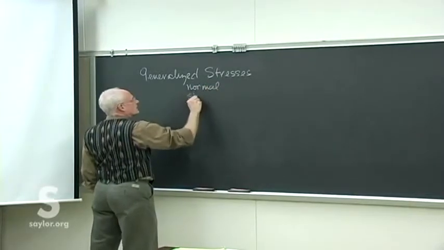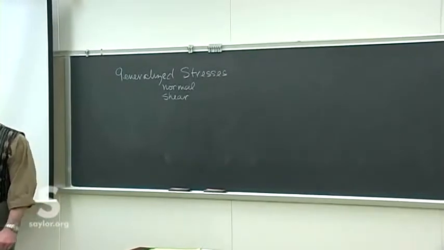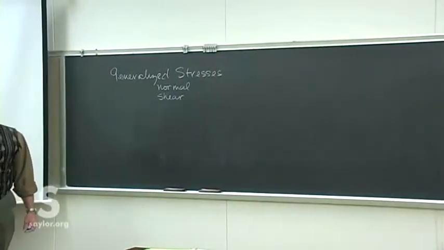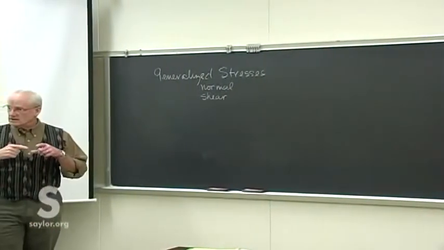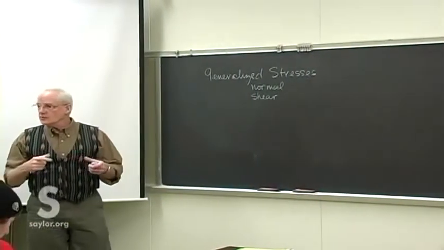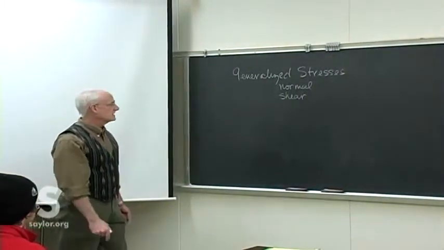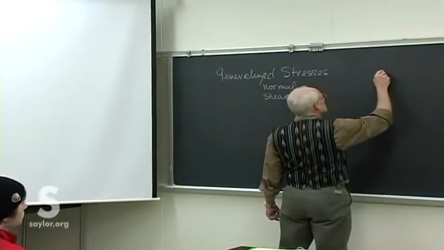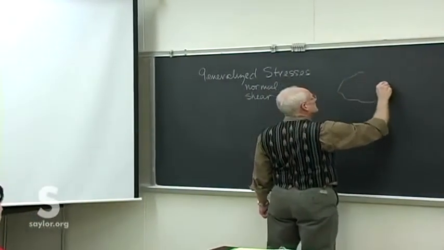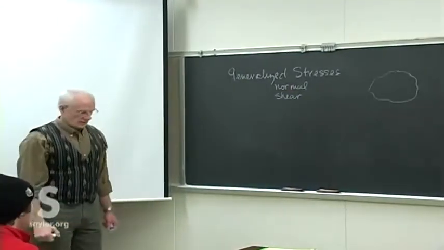We're just talking about the normal and the shear stress. And again, for the most part, these are average values. We're assuming the part to be homogeneous. By that I mean uniform throughout. It's not like a piece of wood, where it's very different in one place than it is in another. We're just assuming it's a perfect piece of material, and the force is uniform over the surface.